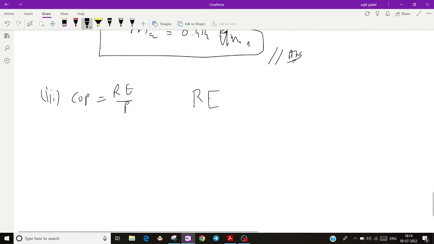It is the amount of heat taken in the evaporator, that is, the heat rejected by water to become ice. So Mi and the specific heat of water, initially at 20 degrees and becoming 0 degrees, and the latent heat associated with this ice, Mi into LH. Here 56 kg per hour of water is converted into ice.